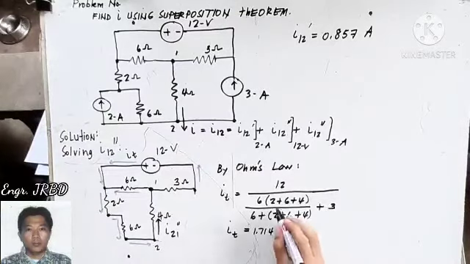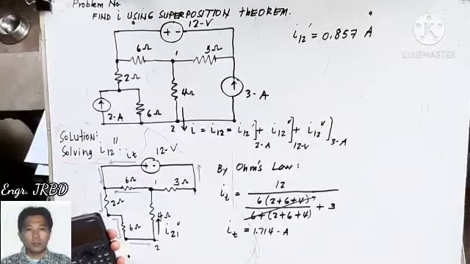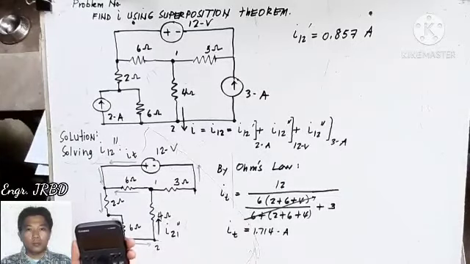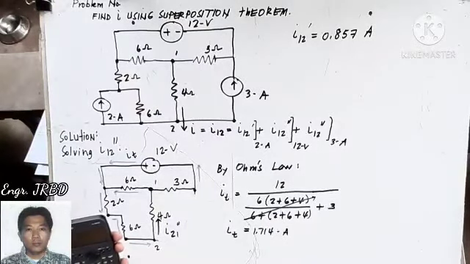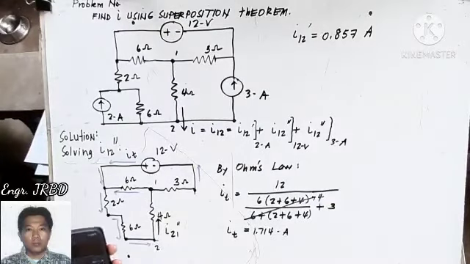If you will try to simplify, this is 6 divided by 6 plus 12. 4 ohms, correct? So it will be 12 divided by 4 plus 3. 1 point something. Correct?